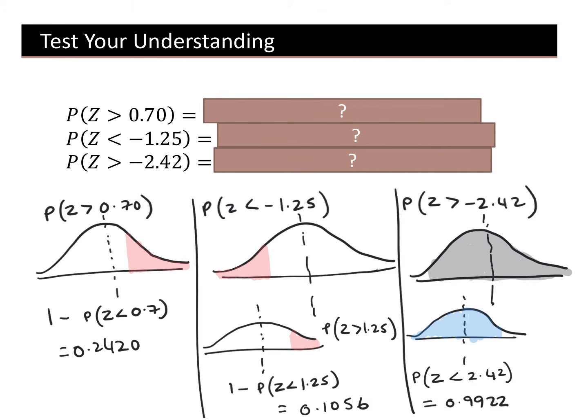Because if you think about it, and this is where common sense comes in, how much of the curve is shaded? A really big amount. Yeah, we're expecting this to be close to 1. If you got 0.1 something, or 0.0 something, come on. Really think.